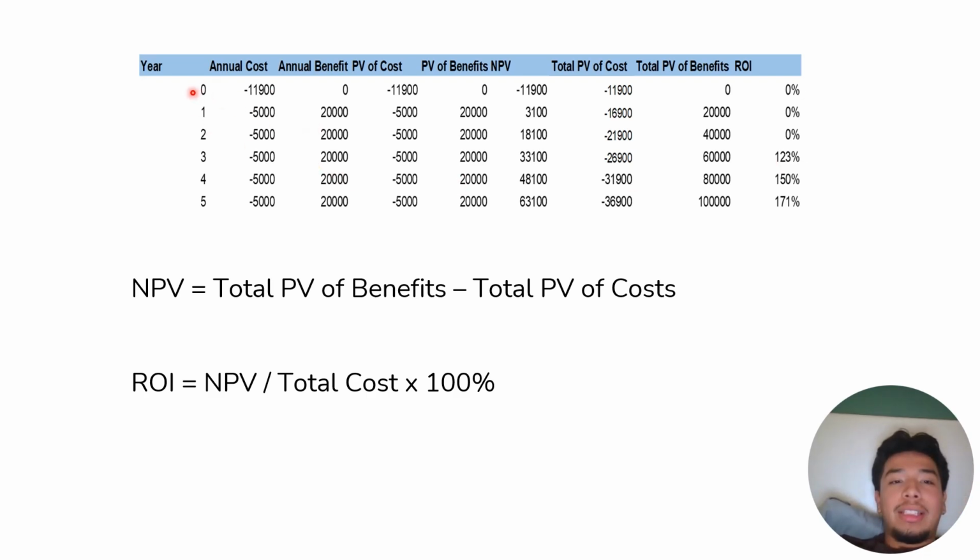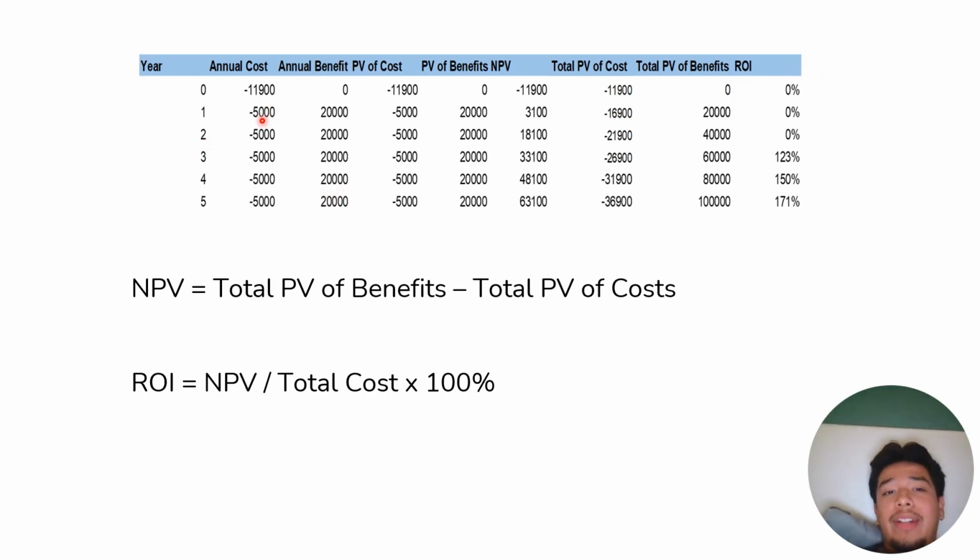Let me start off with year 0. We have our startup cost, which is all the labor, all the documentation, stuff like that. So then we don't get a benefit because it's year 0, no benefit. Net present value is going to be the same as the startup cost. The total is going to be the same, no benefit, and no return on investment.